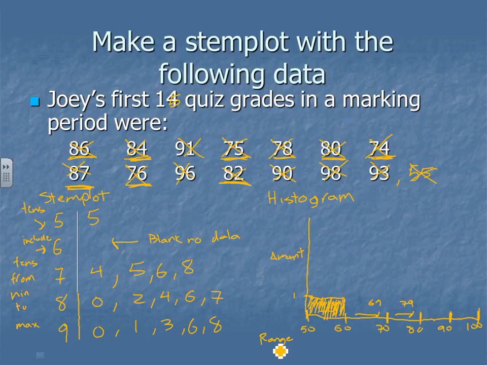Okay? I had no scores in the 60s. I had 1, 2, 3, 4 scores in the 70s. So in the 70s, I will place a bar at 4.